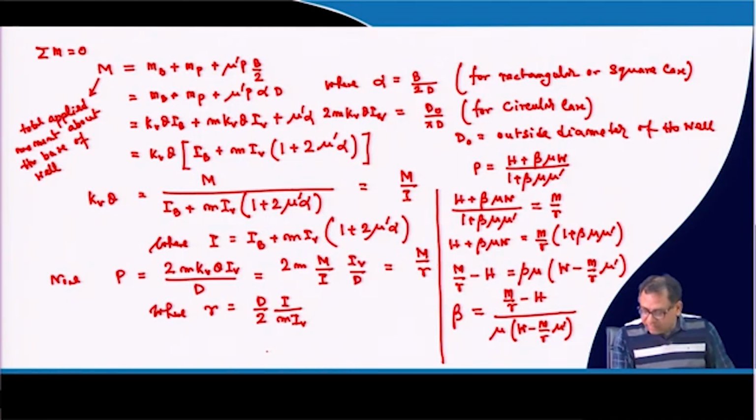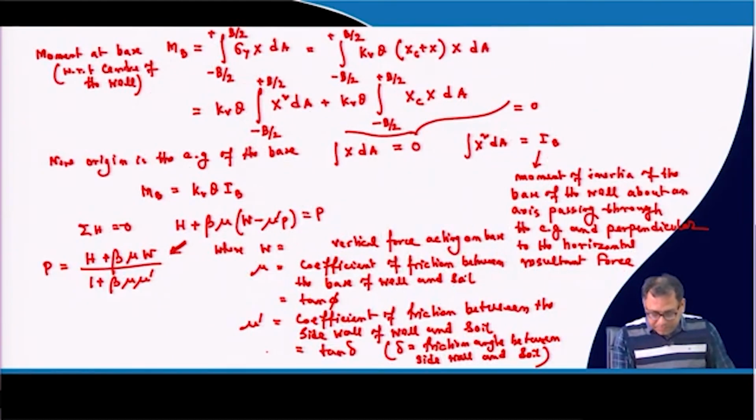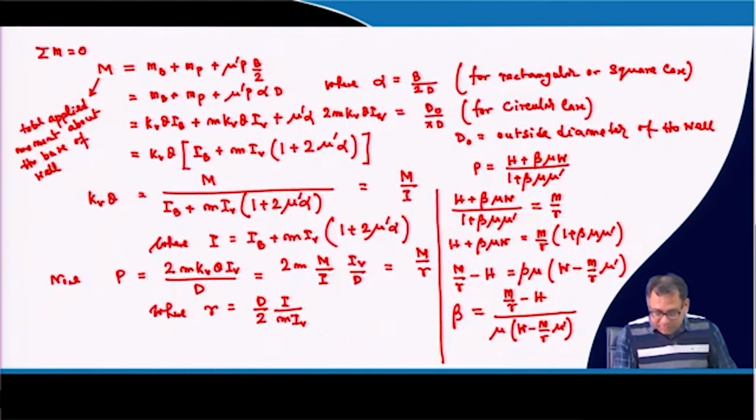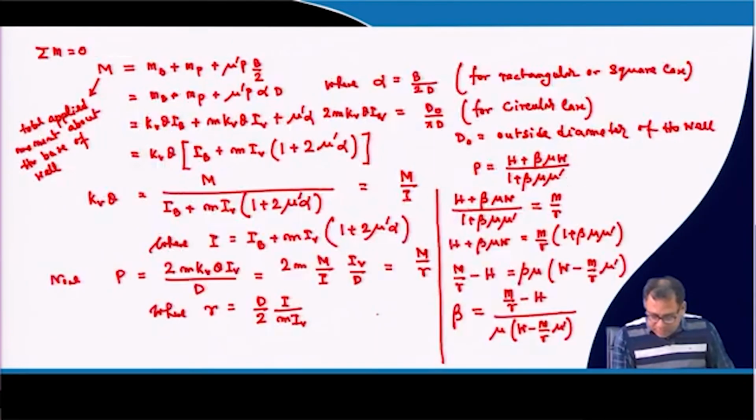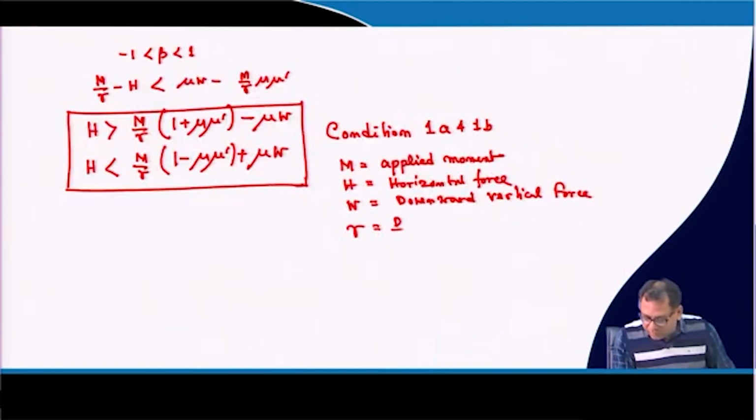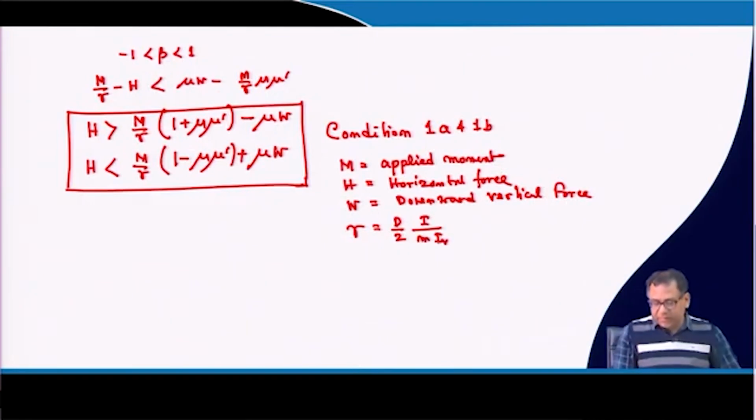What is r? The expression of r is given here. So, r is d by 2, I divided by M I v. And what is M, what is I, what is I v, all the expressions are given. So, we have to satisfy these conditions.